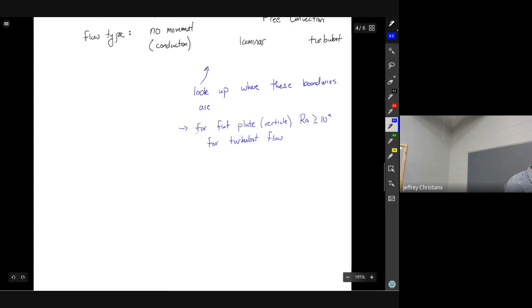And Rayleigh number less than about, I think it's 1300, is needed for conduction.